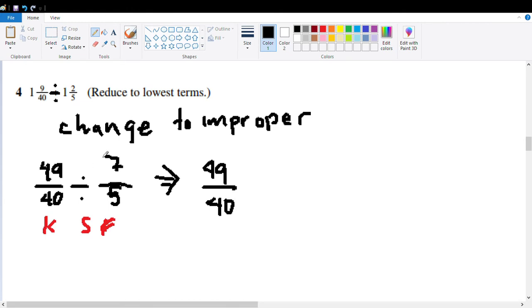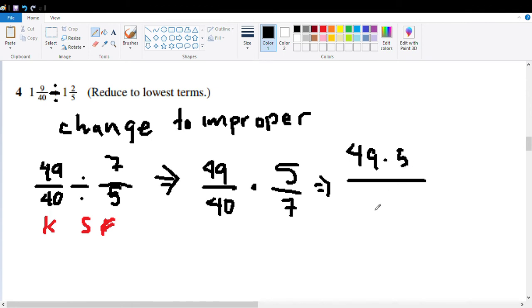We're going to switch the sign to multiplication, and we're going to flip 7 over 5 to 5 over 7. Now what do we do? Well, we can put it into one fraction, 49 times 5 on the top and 40 times 7 on the bottom.